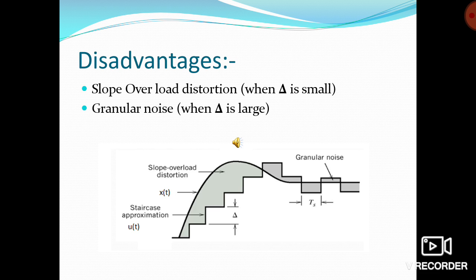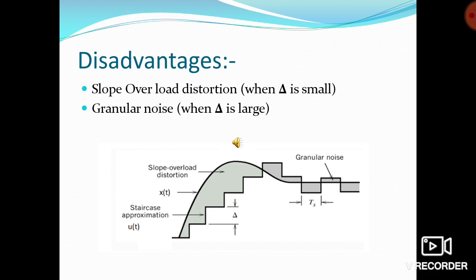Hence, there is a large error between the staircase approximated signal and the original input signal x(t). This error or noise is known as slope overload distortion. To reduce this error, the step size must be increased when the slope of signal x(t) is high.